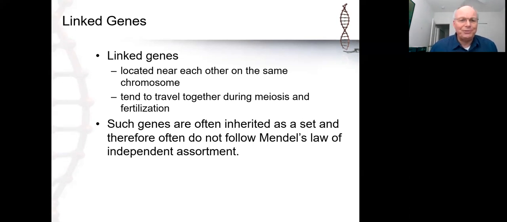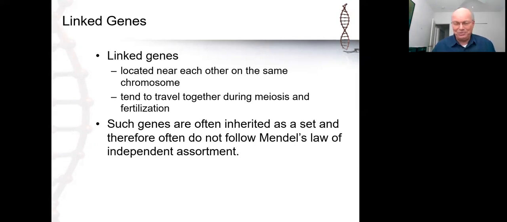And if they're far enough apart on the same chromosome, they'll actually be separated by crossing over frequently enough that they'll look as if they're on separate chromosomes, and they'll follow Mendel's law of independent assortment. It's a further twist on this whole question of, are genes on the same chromosomes or on different chromosomes?